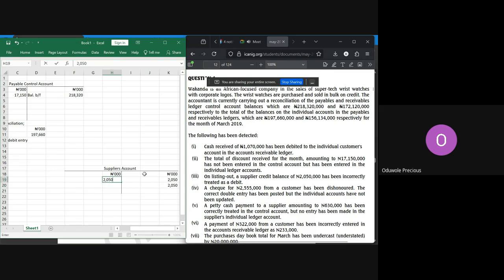If 2050 is here and you want to remove it, you put another one here, which means it has negated that one. Then the one you want to be credited goes according to the normal posting. So that means you have 2050 on your credit side. Okay, so that's how to do that.